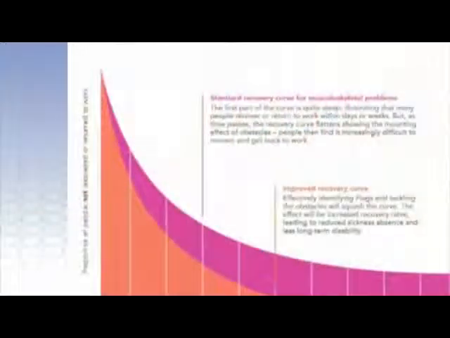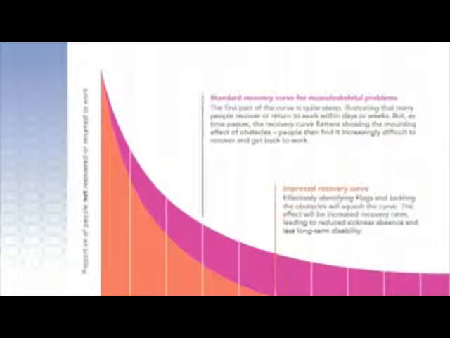So the challenge that I would like to pose to you in this video podcast is to really think about how we might be able to better manage the recovery curve, the standard recovery curve for musculoskeletal problems.